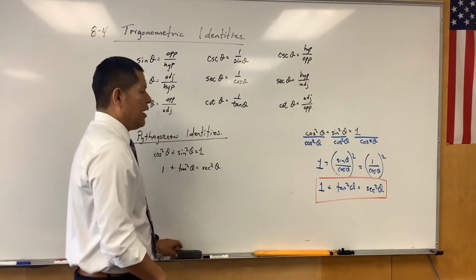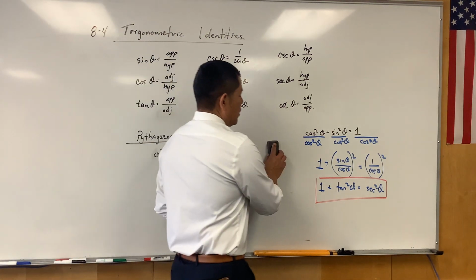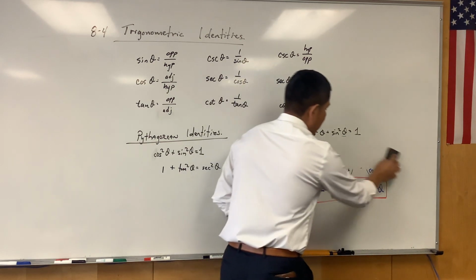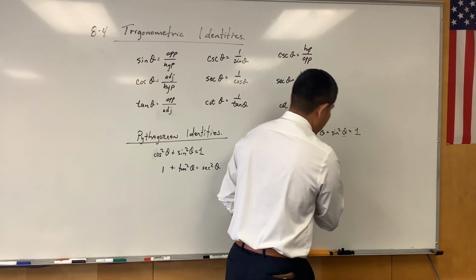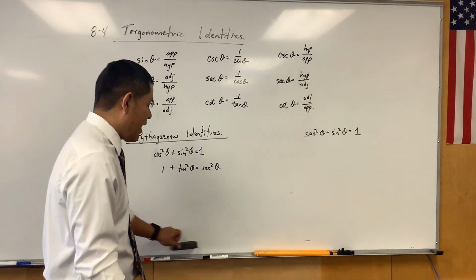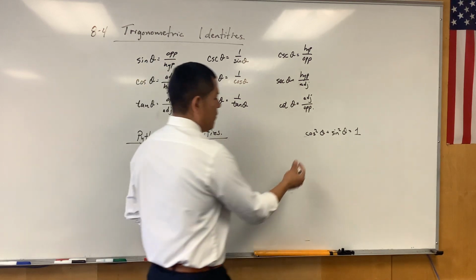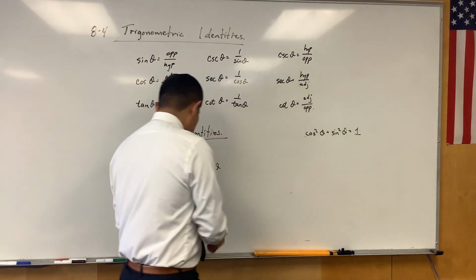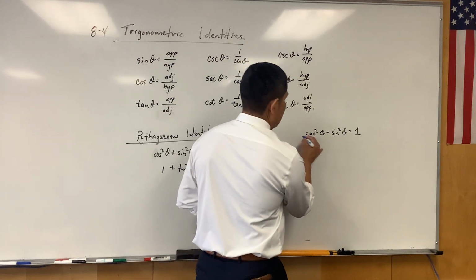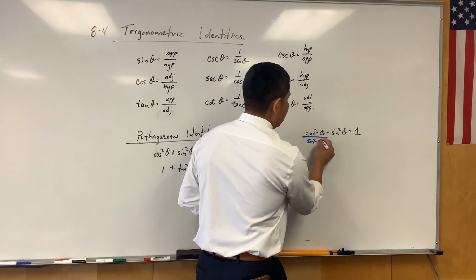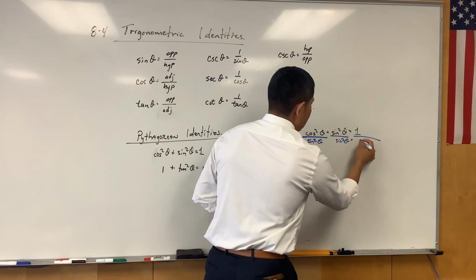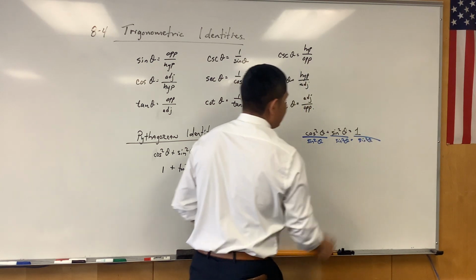The next identity that we're going to use is we're going to take the Pythagorean identity, the initial one, the very first one that we had, and now we're going to divide it by the sine squared of theta, and what do we get? So, get my marker. So the sine squared theta divided by the sine squared theta is 1.